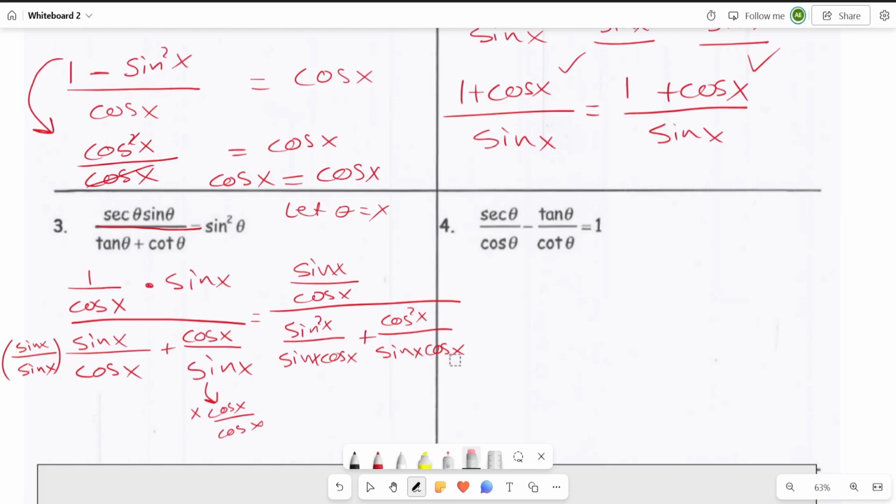I can do that really quick. The denominator is going to be the same, so I'm adding them: plus, and then over the common denominator.